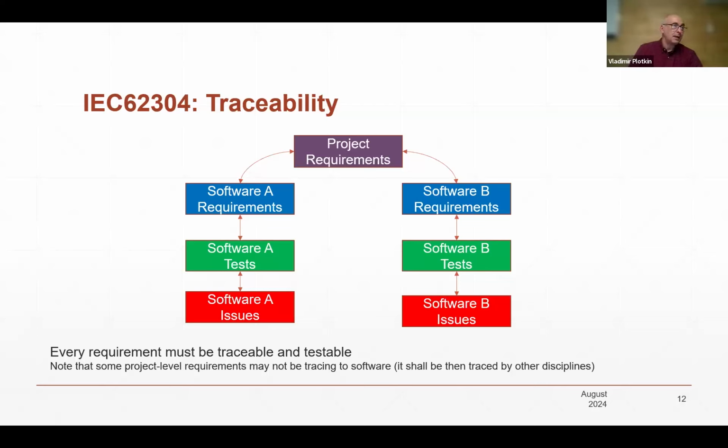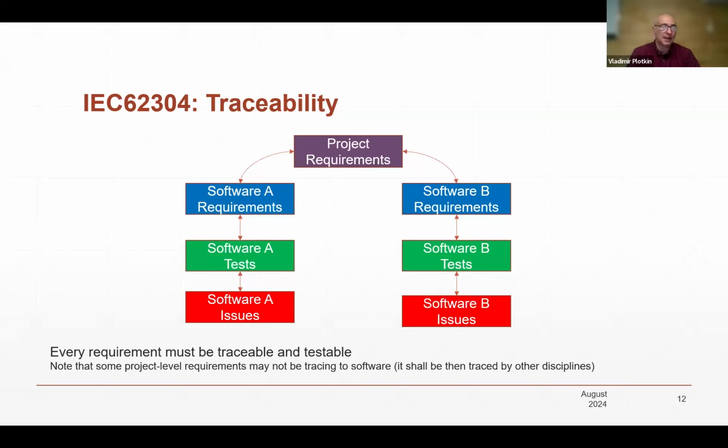One of the things to remember is that not all project level requirements are going to be traced into software. For example, if they have limitations on the production labeling, that's not going into software packaging. Or say the altitude at which the device shall operate is not something software can do much about.